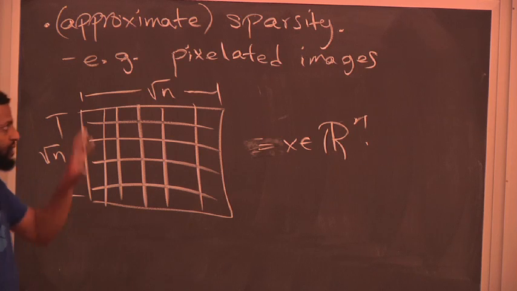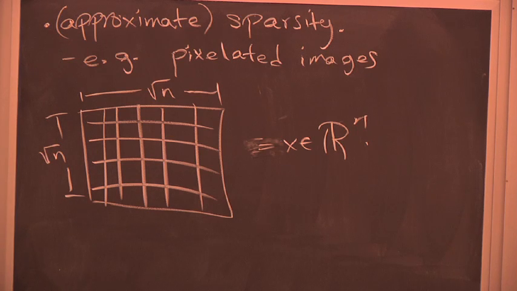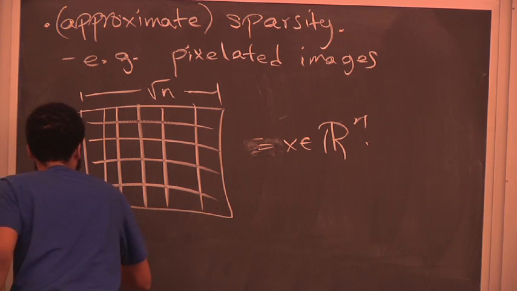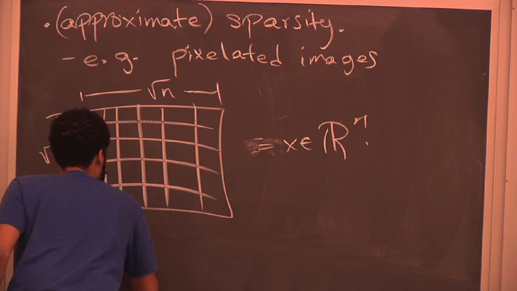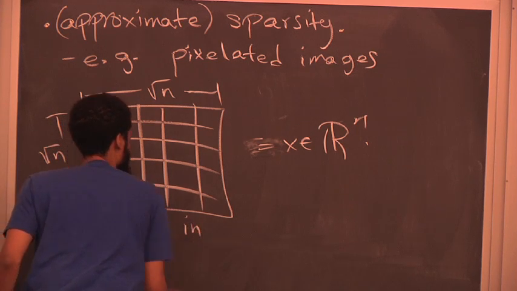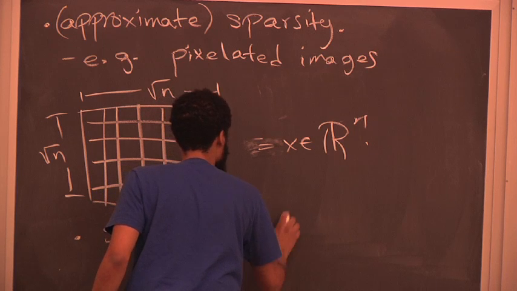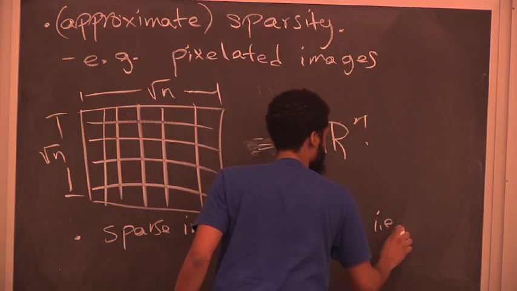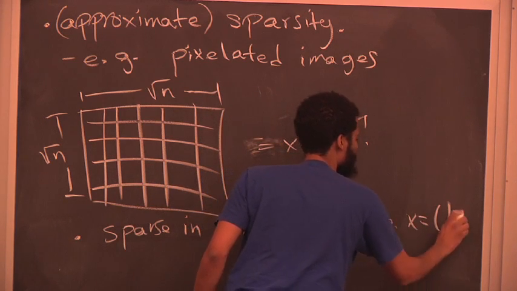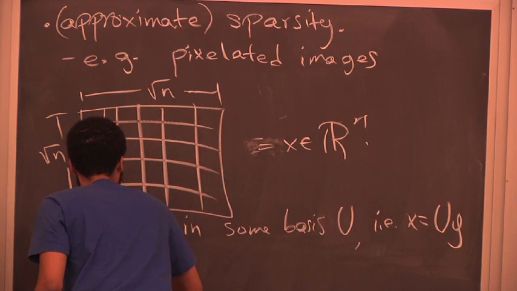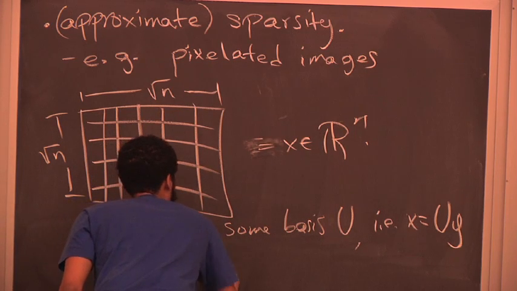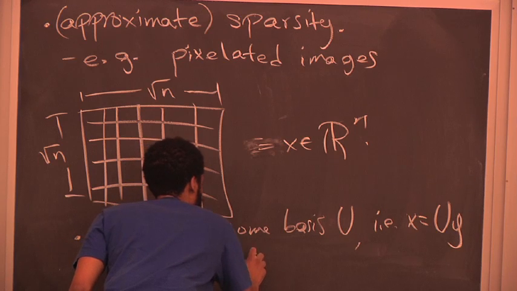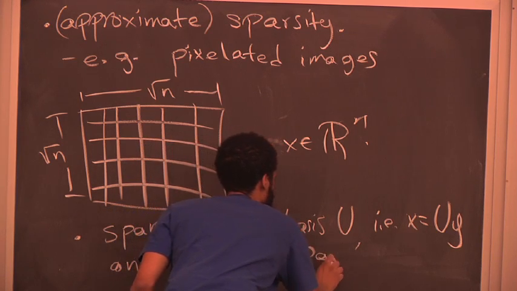So also what we'll talk about is that you can view x as sparse in some basis U, i.e. x equals Uy, and y is sparse, or approximately sparse.